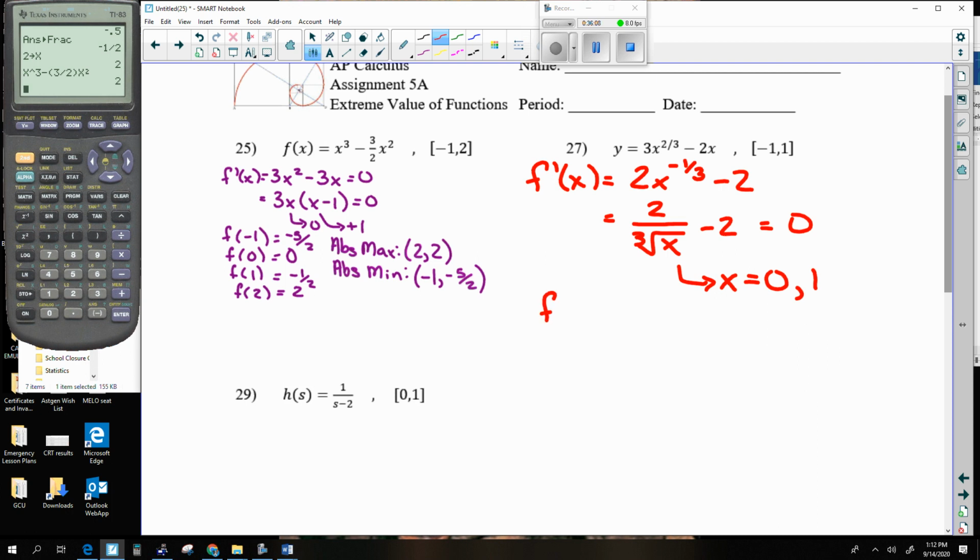All right, so the candidates test would be at -1, 0, and 1. 0 is both a critical number and an endpoint.